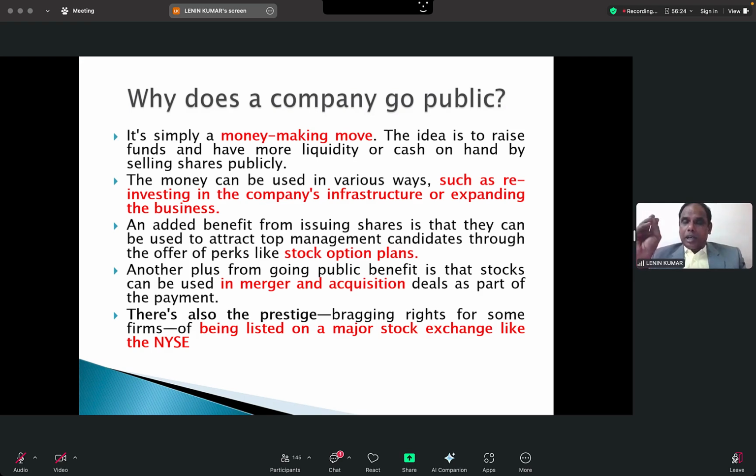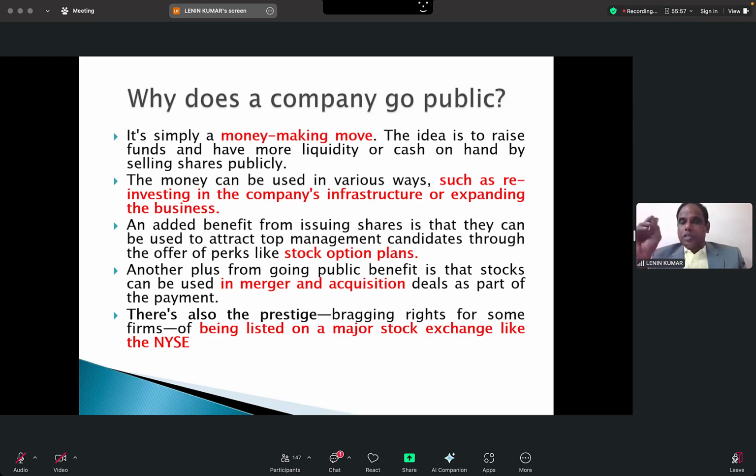That means the people who are working in Etihad Airways and have more years of experience will be getting free shares. For that purpose also, some companies will go for an IPO, even if they are not in need of money. Is that clear?